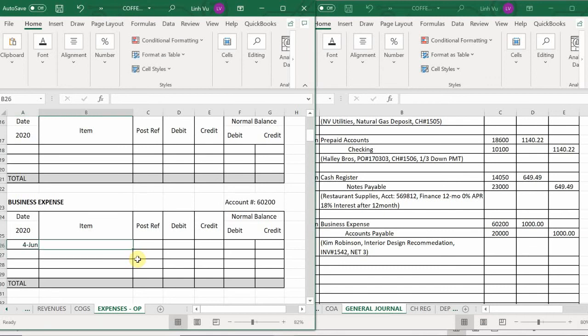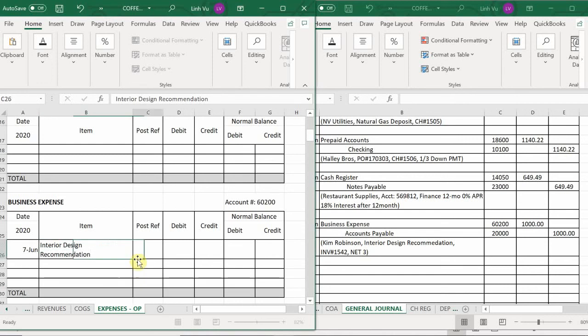Oh, that's good. Okay, so June 7. Because it's a business expense, you want to be explicit about what it is. Interior design recommendation.